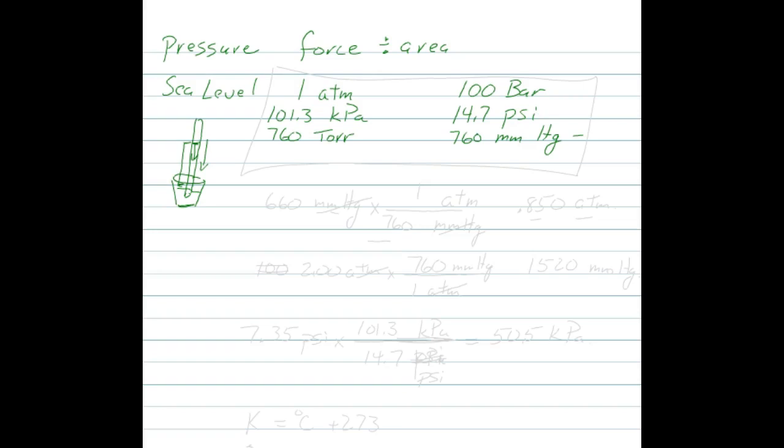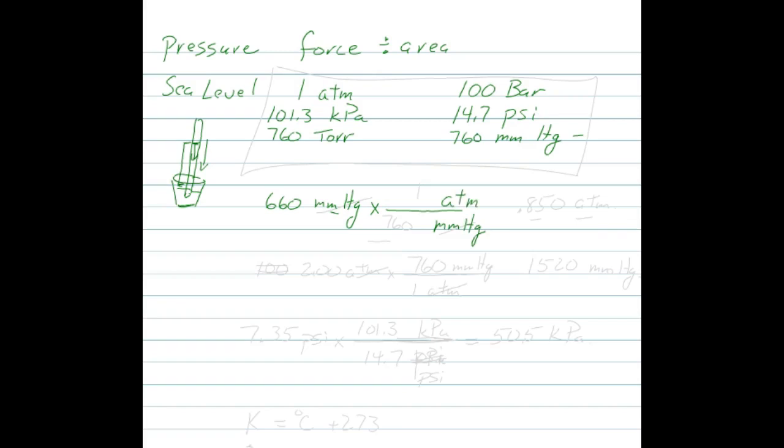As far as the math and the homework on this section, it's pretty much dimensional analysis. If you're given a number like 660 millimeters of mercury, and you want to know how many atmospheres that is, millimeters of mercury is up here, so millimeters of mercury goes down here, and I wanted to know atmospheres.